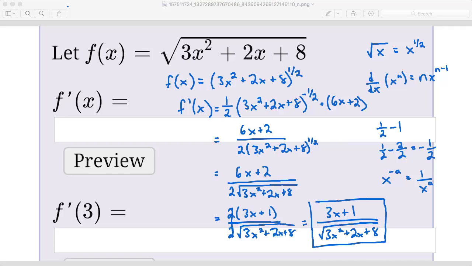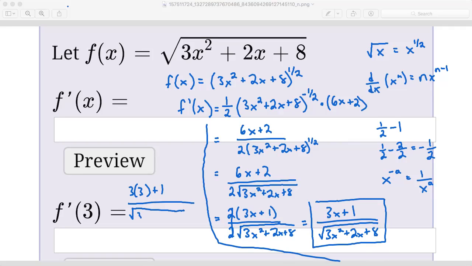And then to find f prime of 3, we would need to plug in 3 for every x in the derivative. So we'll just write a little line here. And let's plug it in. We get 3 times 3 plus 1 over the square root of 3 times 3 squared plus 2 times 3 plus 8.